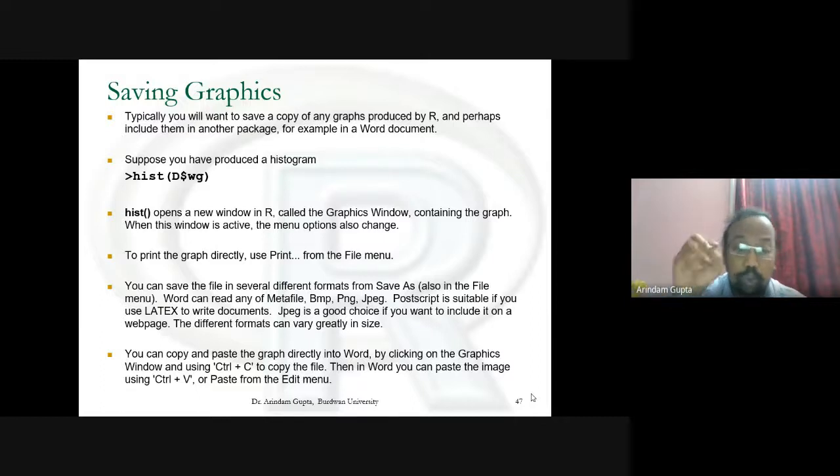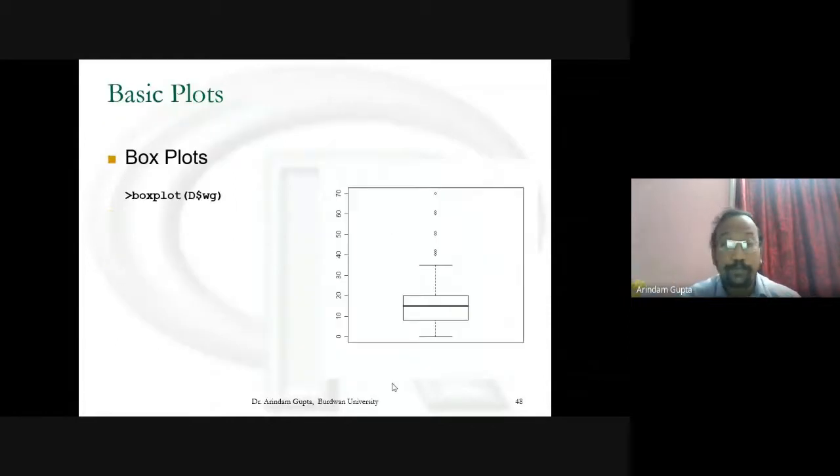JPG is a good choice if you want to include it on a web page. The different formats can vary greatly in size. You can copy and paste the graphs directly into Word by clicking on the graphics window and using Ctrl+C to copy the file. Then in Word, you can paste the image using Ctrl+V or paste from the Edit menu.